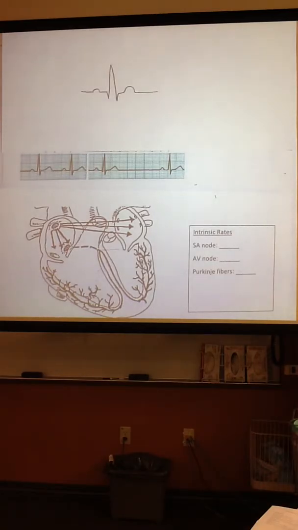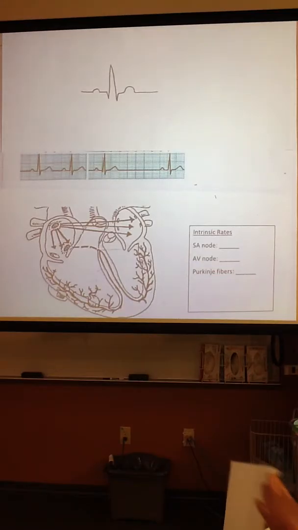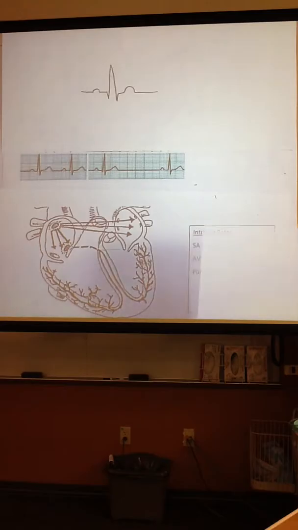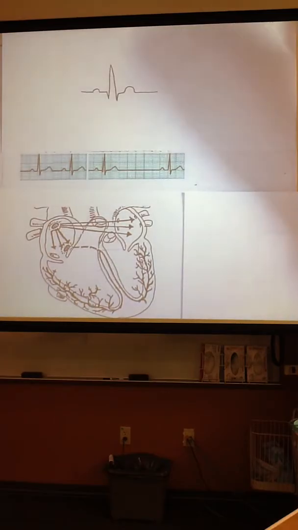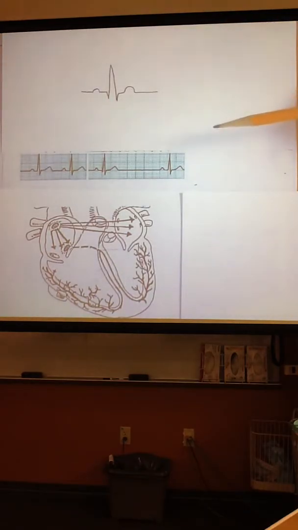Essentially what I was saying is that we should move on now and start looking at what exactly the different parts of the EKG mean for us so that we can get an idea of what each piece means and what's happening in the heart when we look at it.